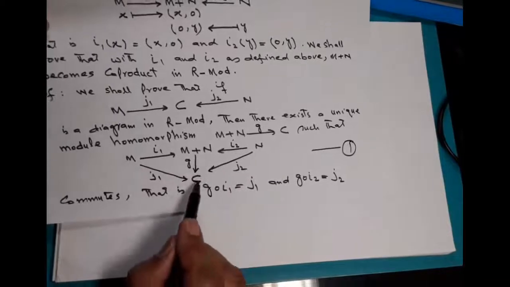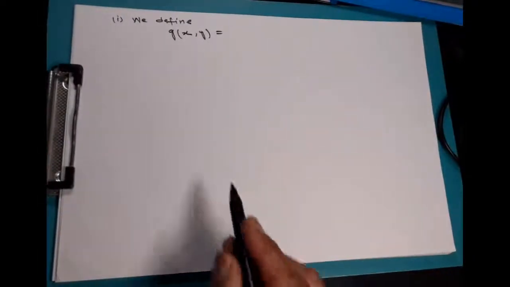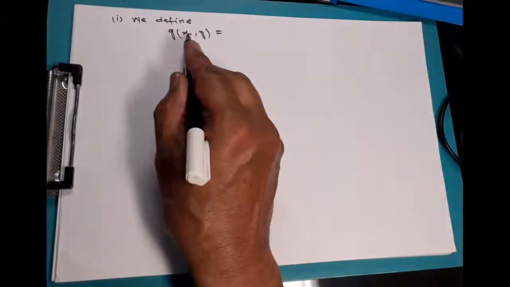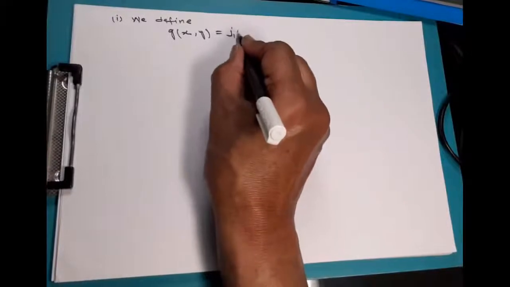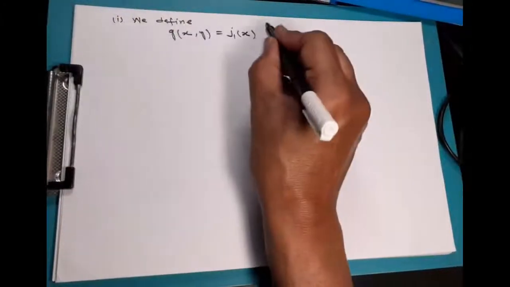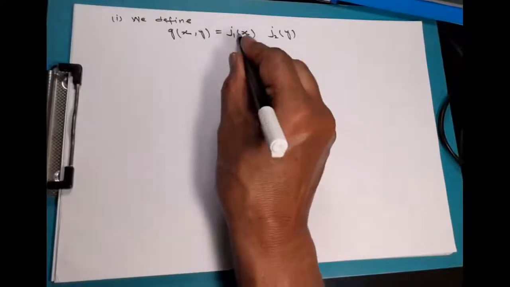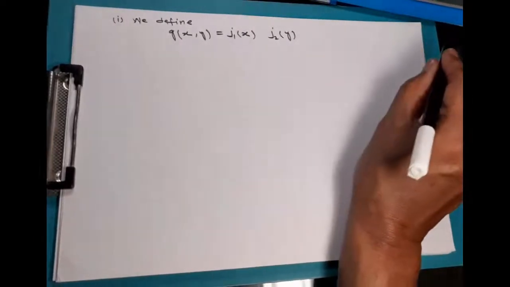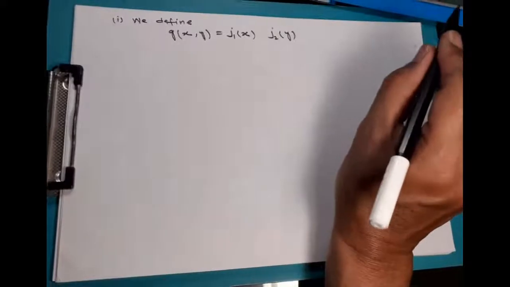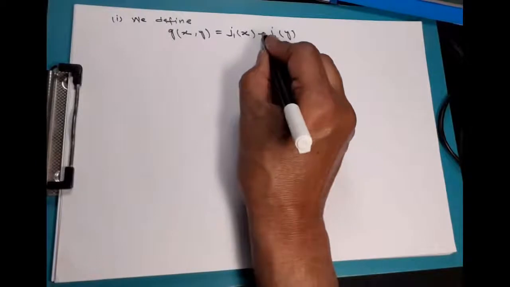Since C is a module, we can add these 2 elements in C. So this is what I am saying. The effect of G on this ordered pair (X, Y) is equal to the effect of J1 on X, plus the effect of J2 on Y. J1X is an element of C, J2Y is an element of C. C is a module, and a module is basically an abelian group. So these 2 elements can be added.